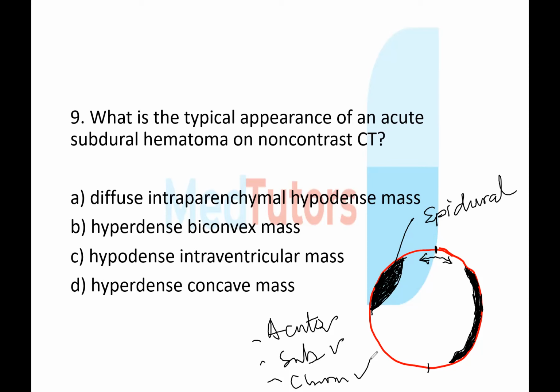Hypodense intraventricular mass, no. Hyperdense, okay, concave mass. So it is acute, it is hyperdense, and of course, subdural hematoma. Okay, so let's proceed to the next.